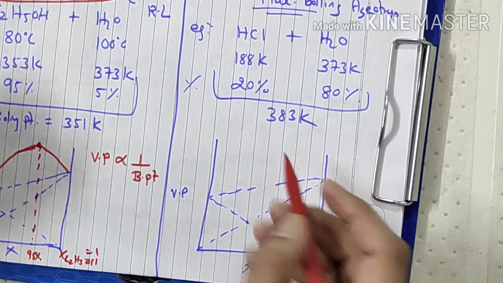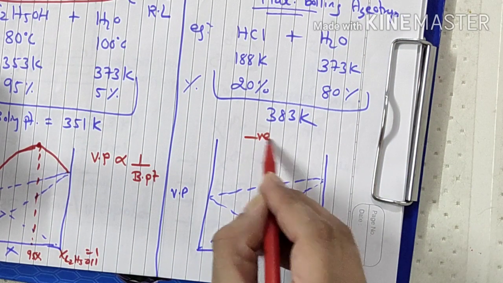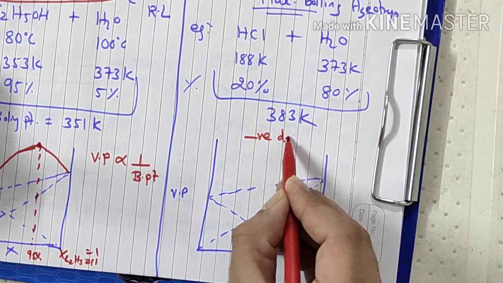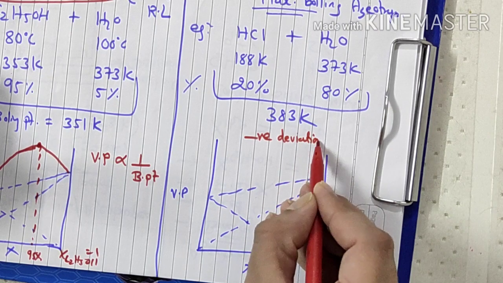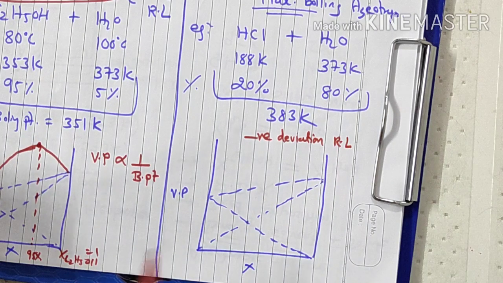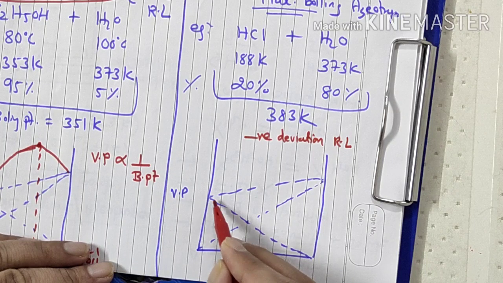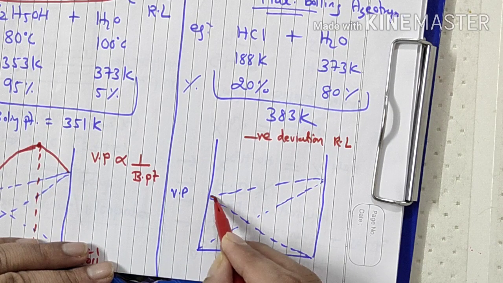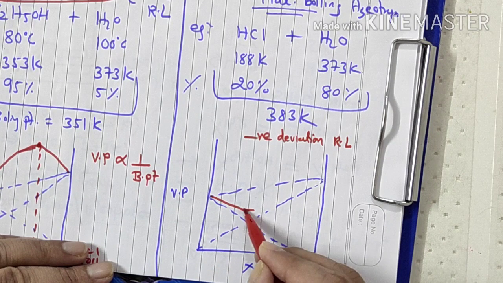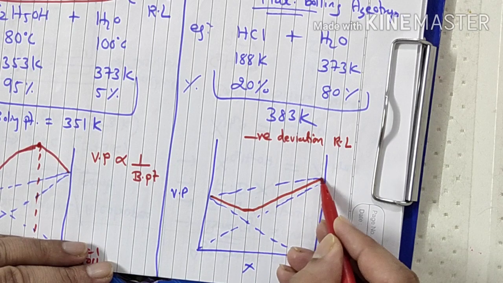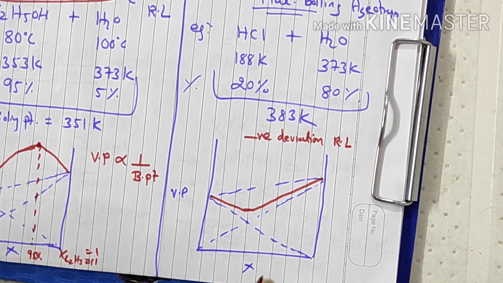It shows what? Negative deviation from Raoult's law. Understand, student? So when I say negative deviation, graph will become something like this. Correct? Right.